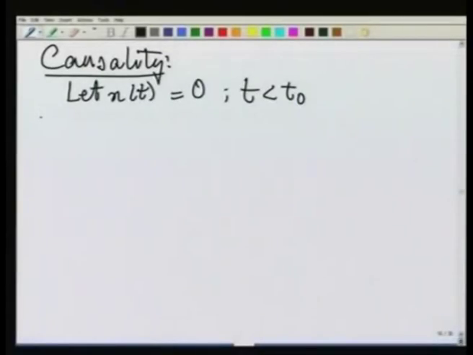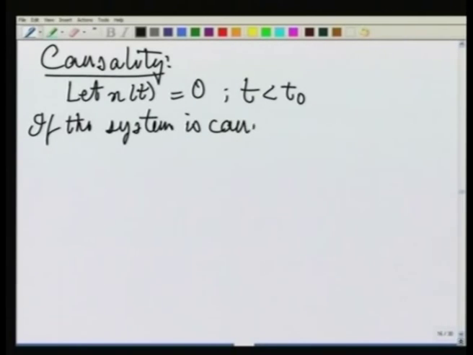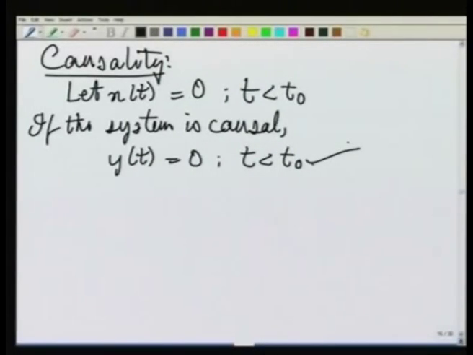In short, if the system is causal, y(t) also equals 0 for t less than t naught. It could even be 0 for some interval of time after t naught, but that does not concern us. We have to be sure that this much is certainly upheld.